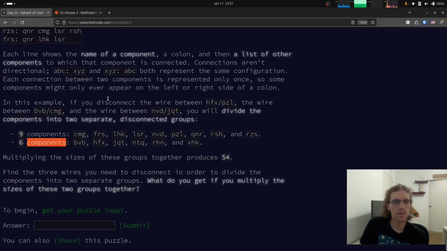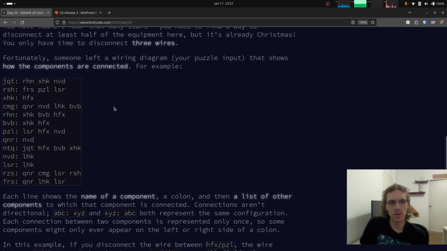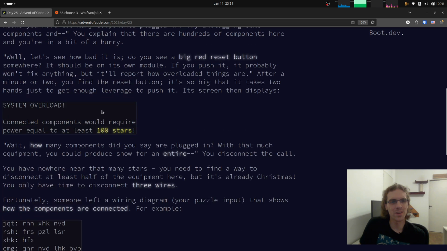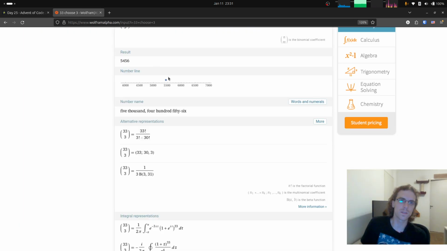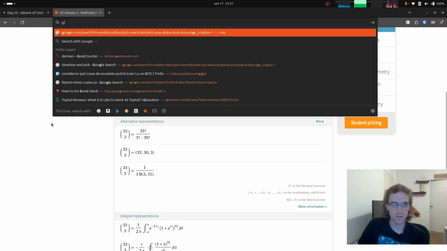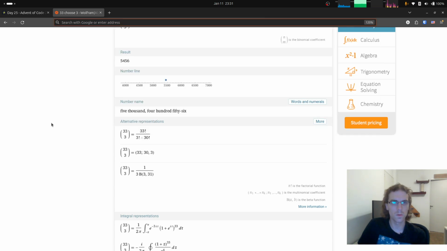I'm sure that this is something in graph theory. I'm really not well versed in graph theory or this kind of thing. But what we are looking for here is when a graph becomes connected and disconnected. So what can we look for?